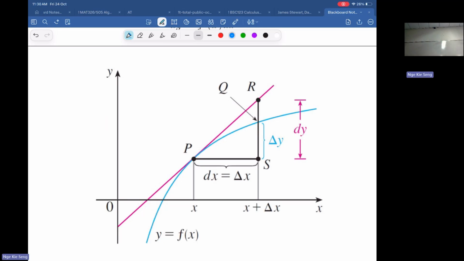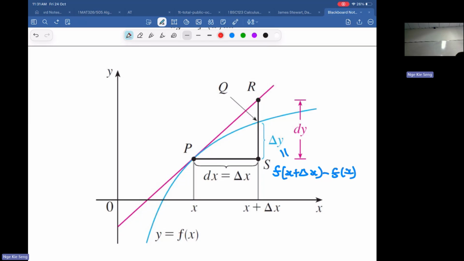So the dy is the change between the point you evaluate at the tangent line with f(x). But the delta y is the actual change in your function value. You put your x plus delta x into your f(x). So let me write down here: delta y is equal to f of x plus delta x minus f(x).